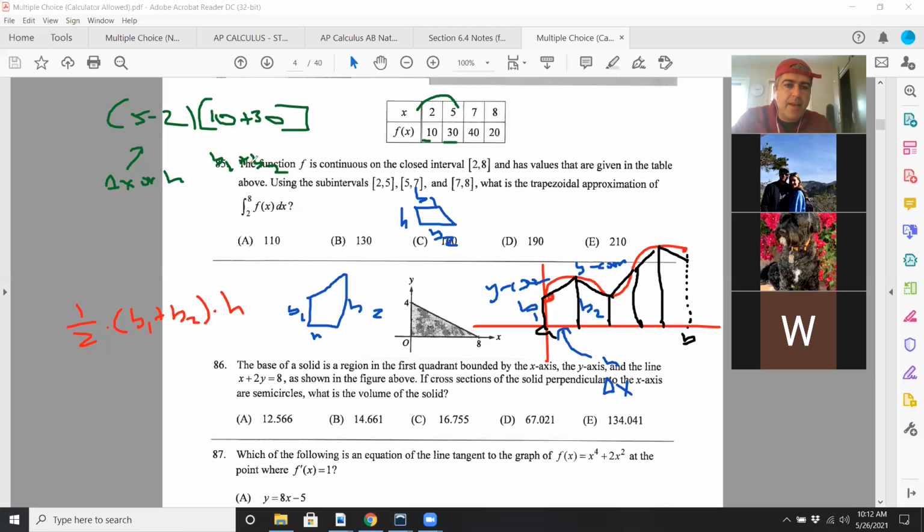That's going to be the first entry for the trapezoidal approximation. Then you have to do it again: 7 minus 5. You can use a calculator to do all the arithmetic, but you have to figure out the setup. That's what you do with tables, because there's nothing you can input in your calculator. You actually have to do this by brute force. 8 minus 7, 40 plus 20.